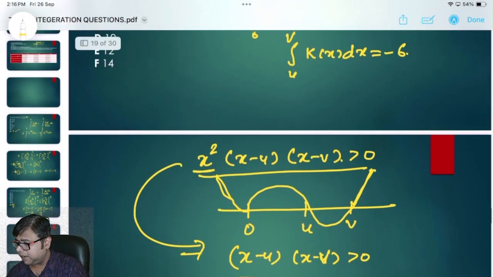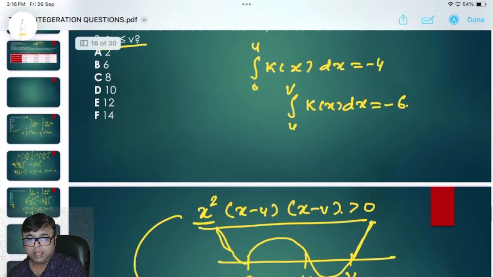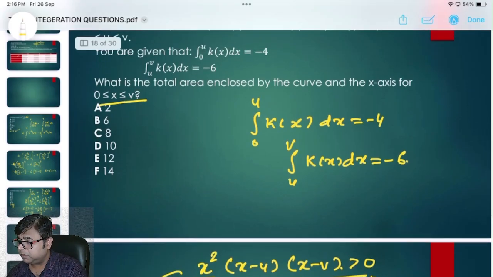So now it says that from 0 to u, the integration value of k(x) dx is minus 4, and that of u to v is minus 6. But I have to take both the positive values.